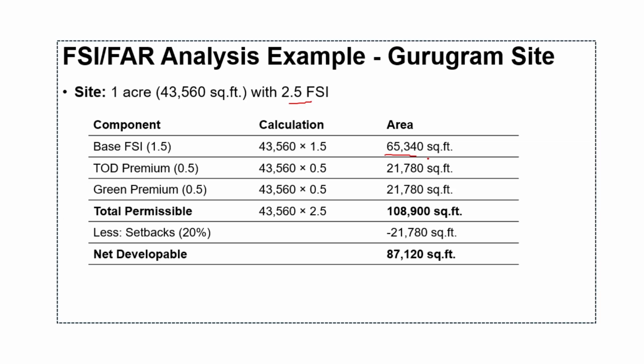This represents minimum development potential without bonus FSI components. Then we have TOD, that is transit oriented development. That premium is available to us, 0.5 FSI adds 21,780. So that is something which we are getting.